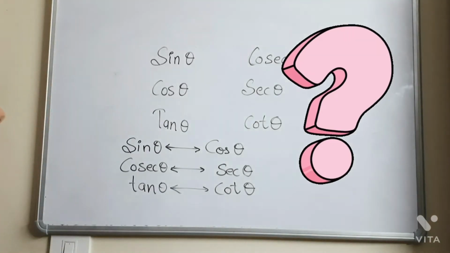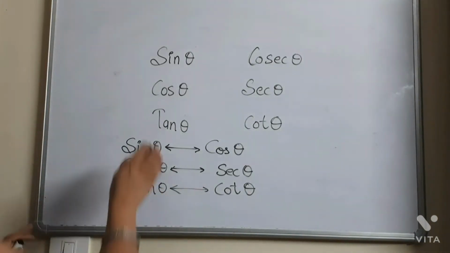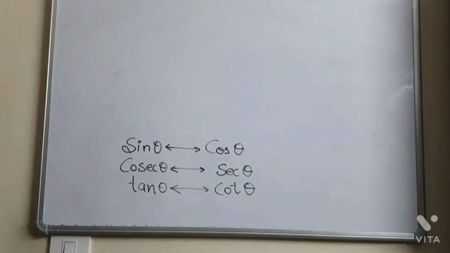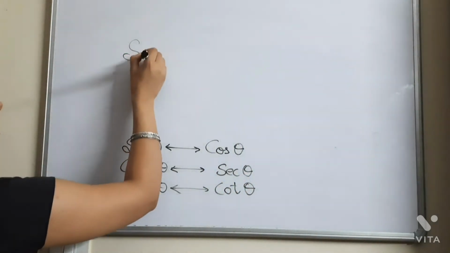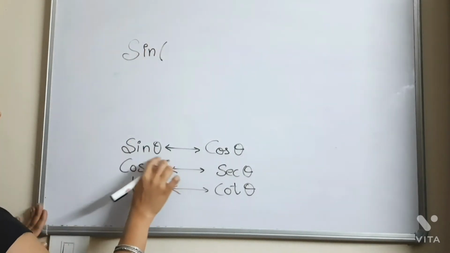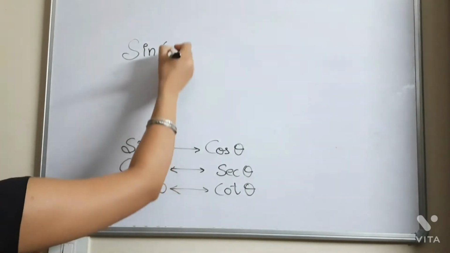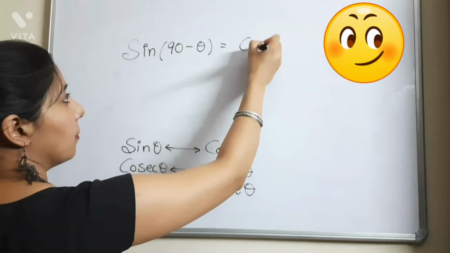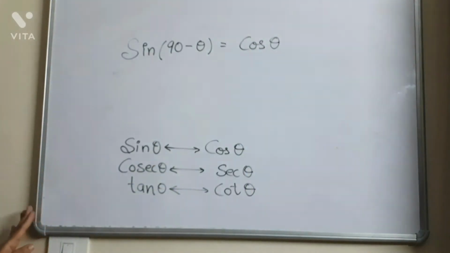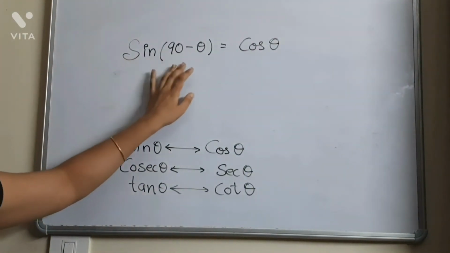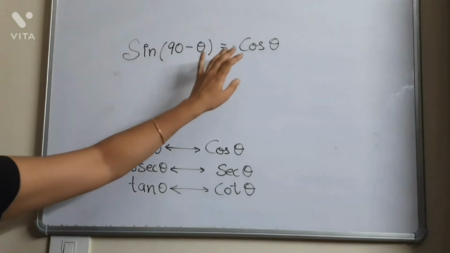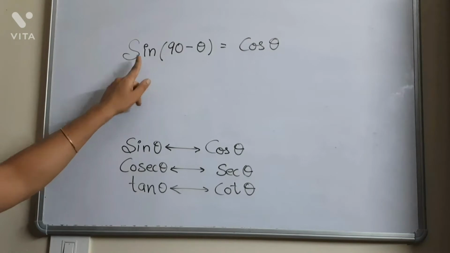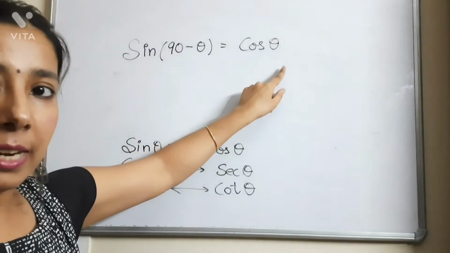It means that if I write like this, sin, if I subtract theta from 90, that is 90 minus theta, then it will make cos theta. This way sin of 90 minus theta is equal to cos theta, that is, the trigonometric ratio sin makes a complementary pair with the trigonometric ratio cos.